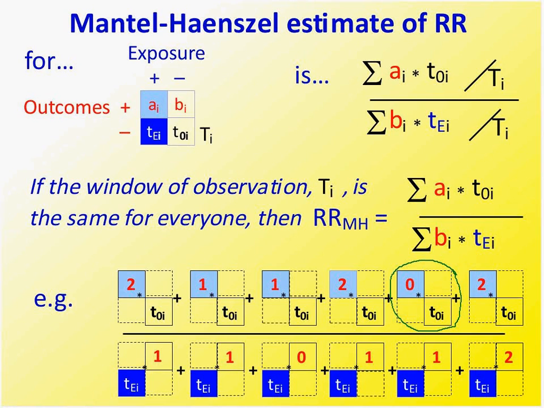You see that the fifth person had no events in their first part of their interval, and here's somebody who had no events in their unexposed period. This person's is their exposed period. This is their unexposed period.